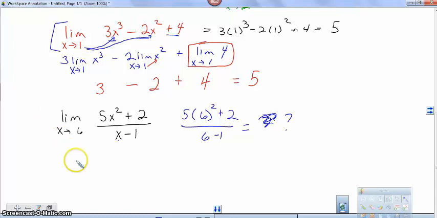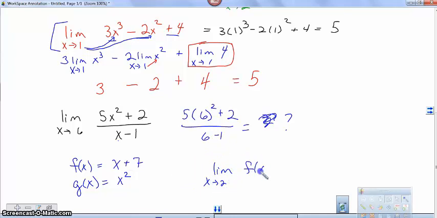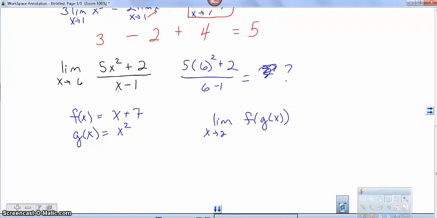Alright, limits also work. Like if I have f of x equals x plus 7 and g of x equals, we'll say x squared, and let's say I want to find the limit as x approaches 2 of f of g of x. I can do that using my algebra.